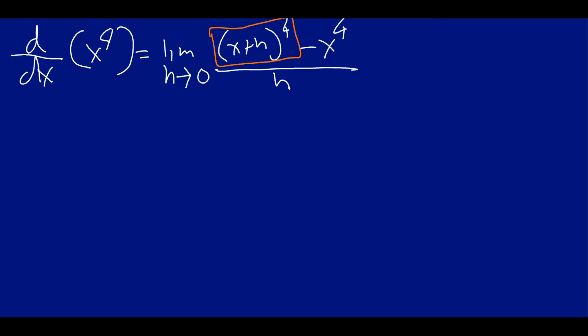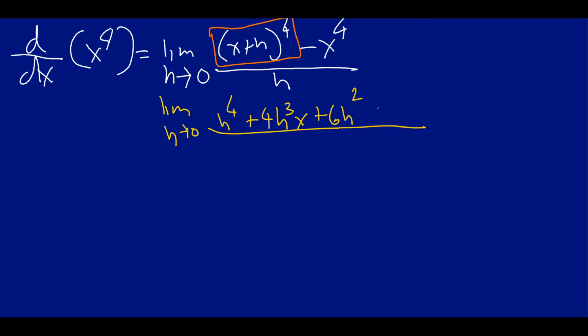And so when you do all that, you're going to get the limit of h approaching 0 of, and this is where it gets long and complicated, h to the fourth power plus 4h to the third power x, plus 6h squared x squared, plus 4hx to the third power, plus x to the fourth power minus x to the fourth power, all this over h.